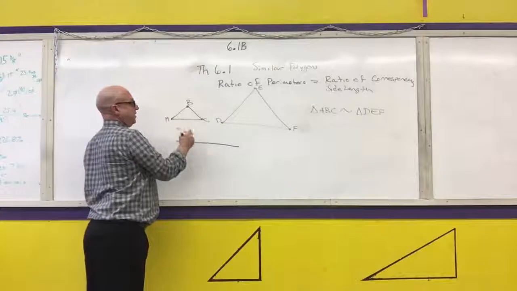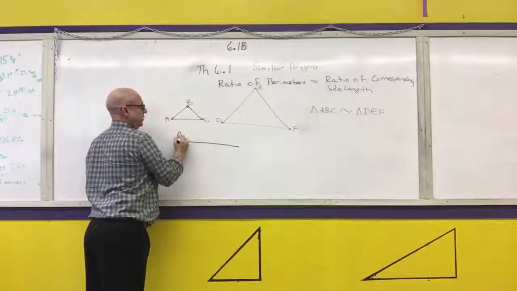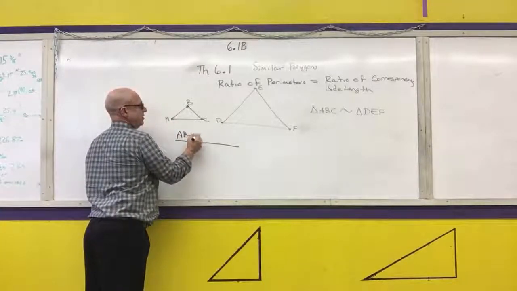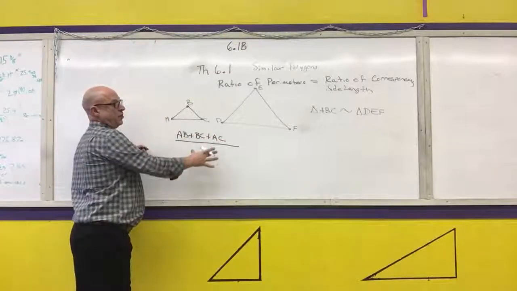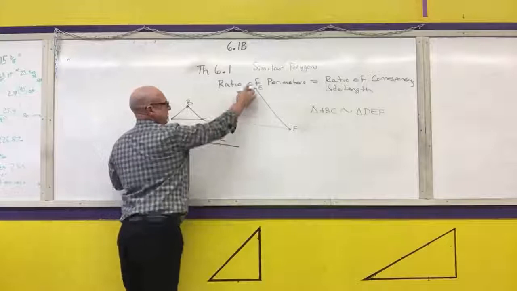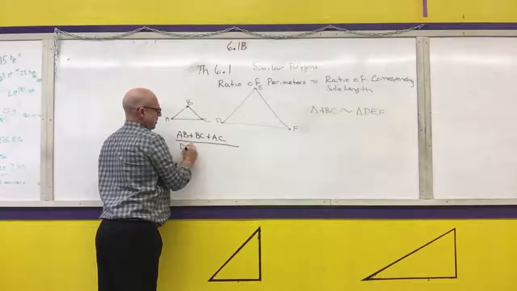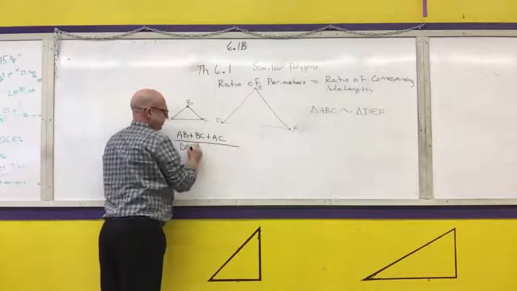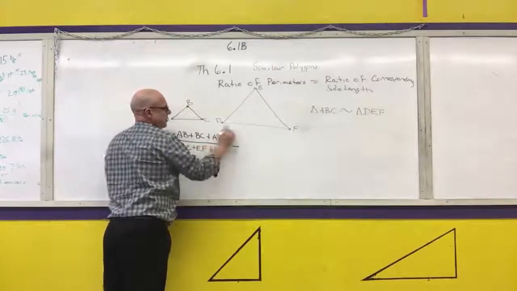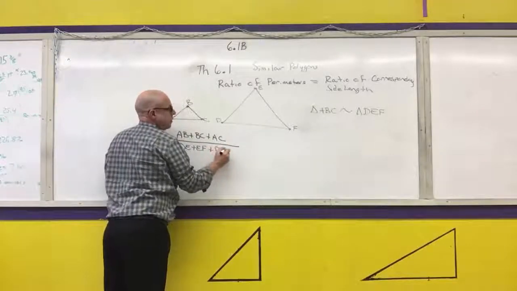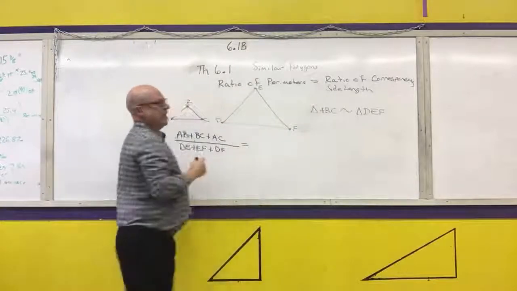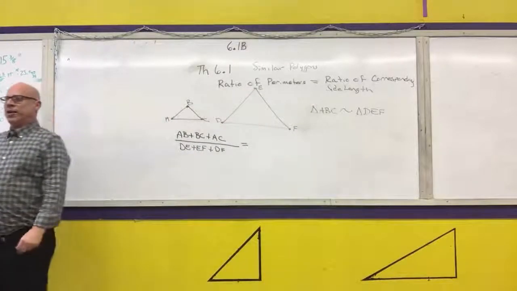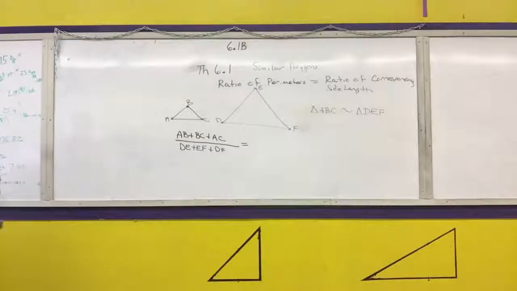So the perimeter of the left-hand triangle is the length of AB plus the length of BC plus the length of AC. The perimeter of the right-hand triangle is the length of DE plus the length of EF plus the length of DF. That is the left-hand part of this equation, and that is equal to the ratio of all the corresponding side lengths. This is the exact same thing that we did yesterday.